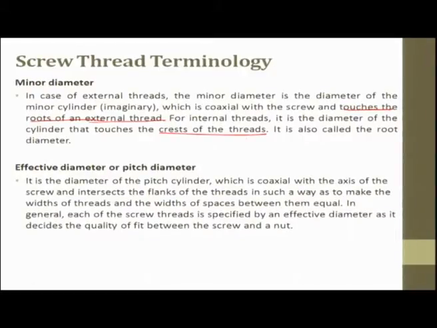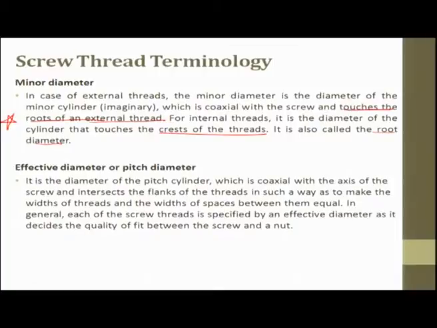This is for internal and that is for external. This is very important when a definition is asked in the examination.